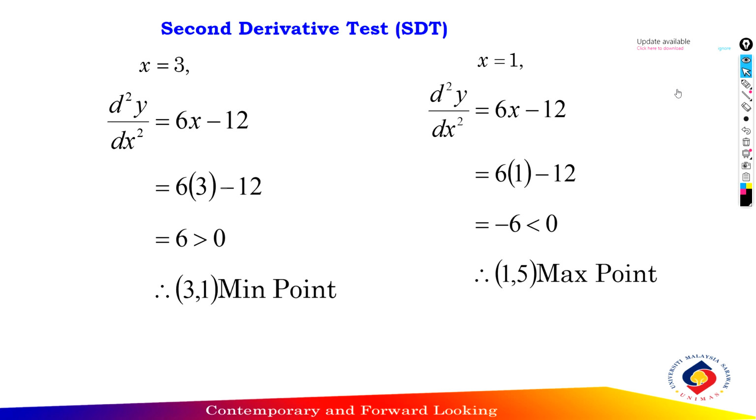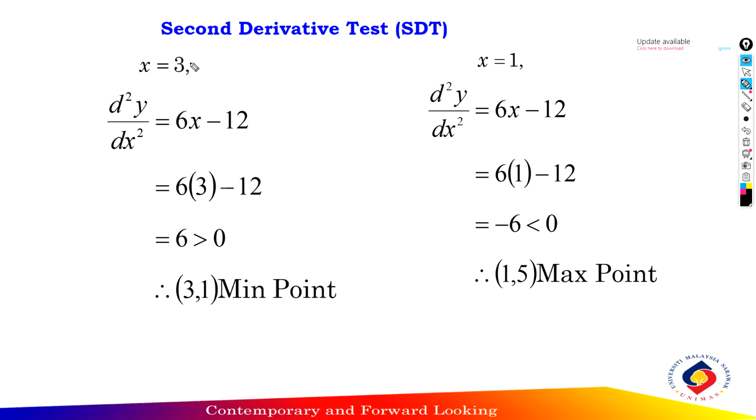Using the second derivative test, determine the relative maximum and the relative minimum point. The first value of x equals 3, and you find the second derivative. The second derivative equals 6x minus 12.